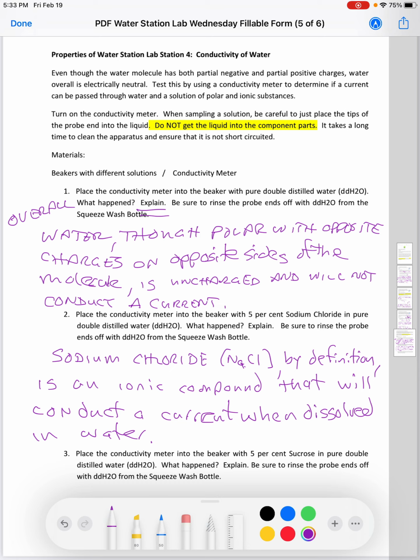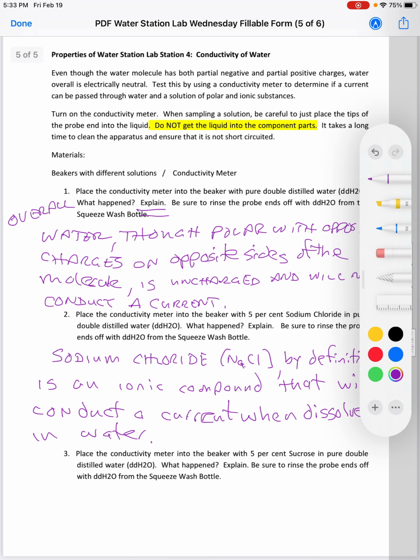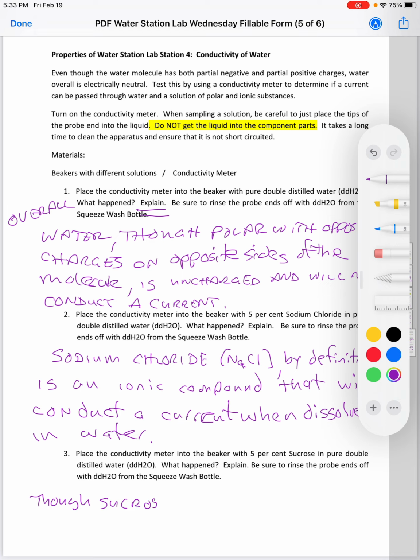I wonder if I can move this out of the way. There we go. And it says we put it into sucrose. And though sucrose is polar, that's cane sugar, just table sugar. Though sucrose is polar, it is uncharged.